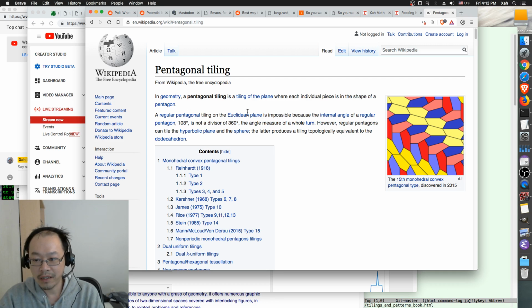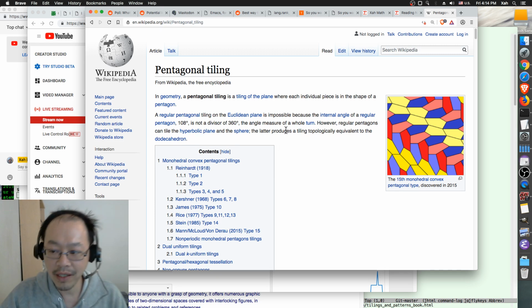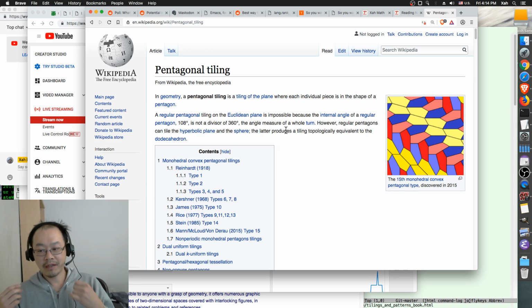It says it's impossible because the internal angle of a regular pentagon is 108 degrees, not divisible, and so on. However, regular pentagons can tile the hyperbolic plane.